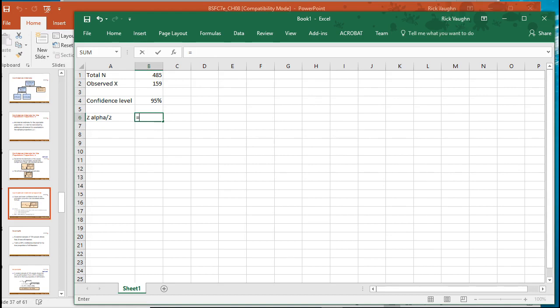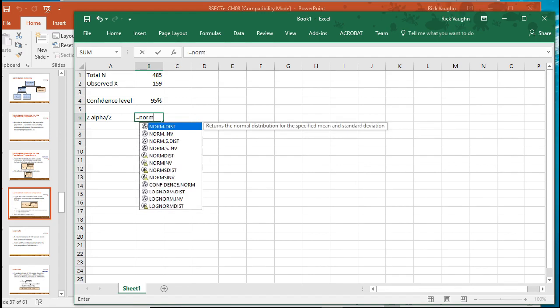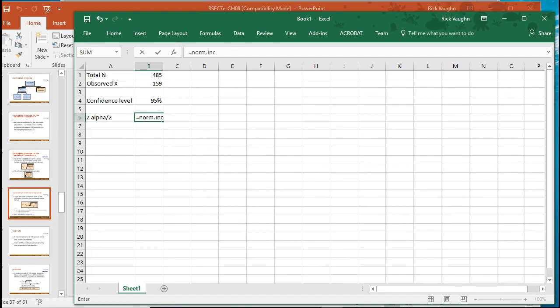So we're going to use the inverse normal distribution function with the 97.5% below. So we'll do norm.inv, and we'll put in 0.975.